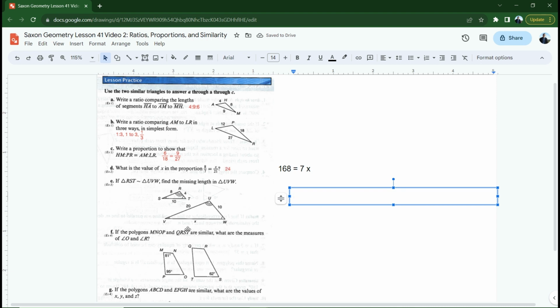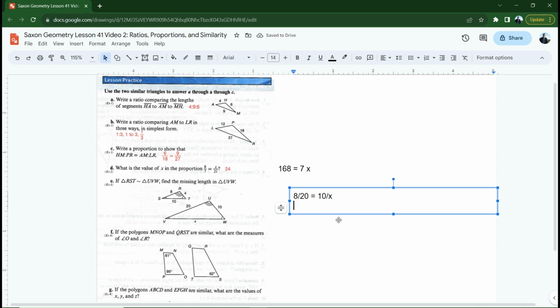So I say that 8 over 20 is one of my similarity ratios, 8 over 20 equals 10 over x. Notice I started with this triangle, I went to a corresponding side on this triangle, I went back on the other side of the proportion to this triangle, and then the corresponding side on this triangle, making sure that I have x included.